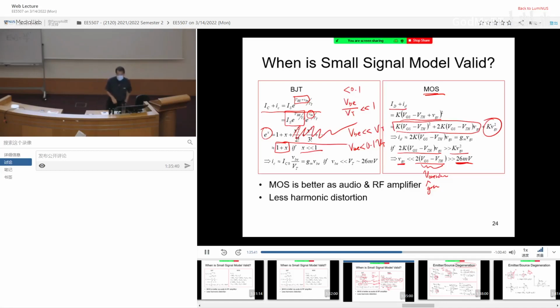So in fact, those guys who are very crazy about audio amplifiers, they claim they will build amplifiers using MOSFET, and this is better than BJT. And some claim they will build using vacuum tube, because vacuum tube is better than MOSFET. So they are very crazy about this kind of distortion and noise.